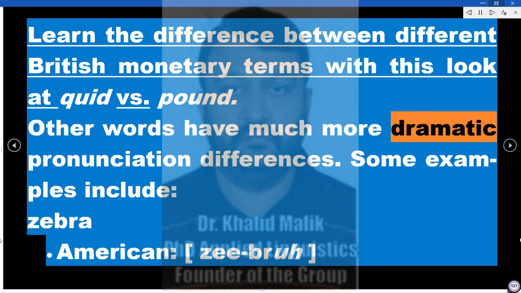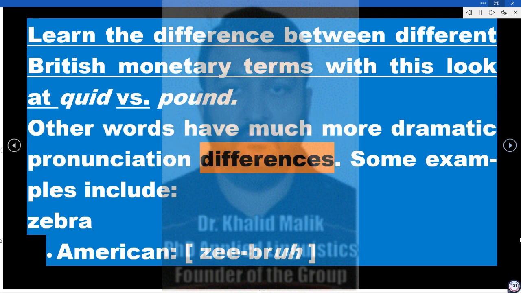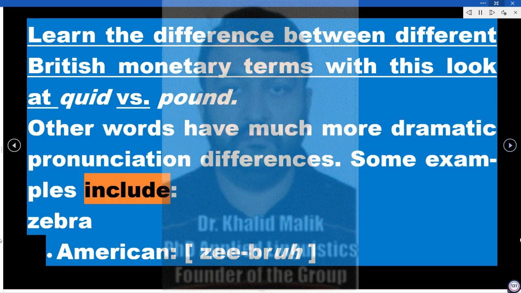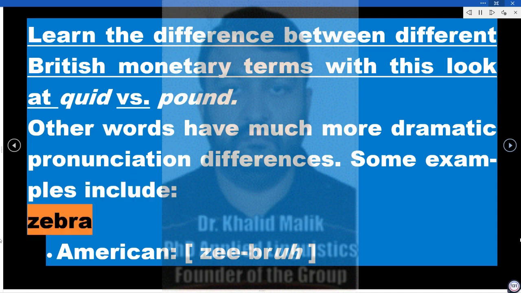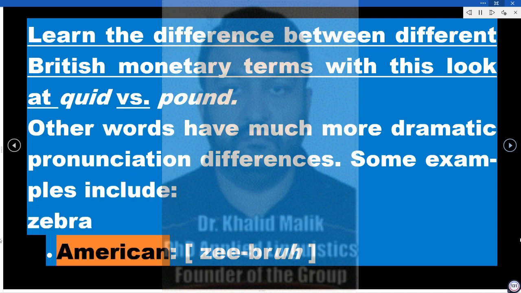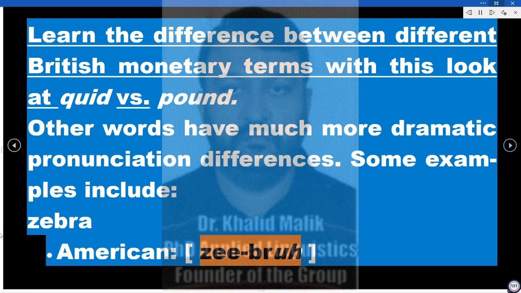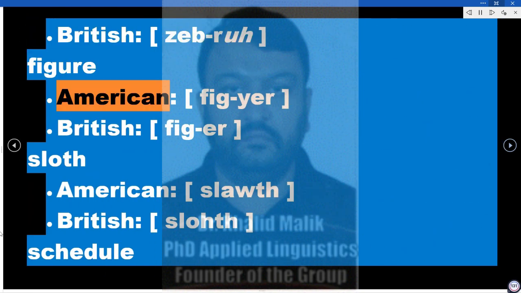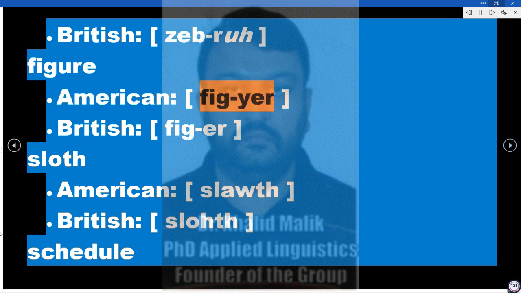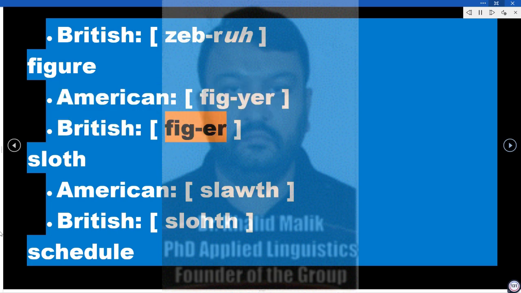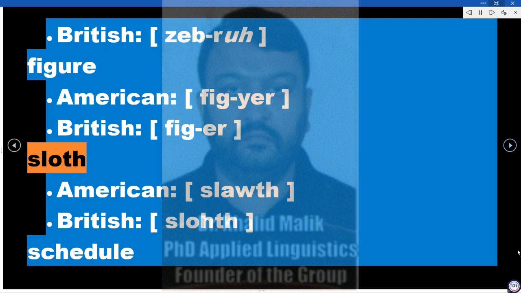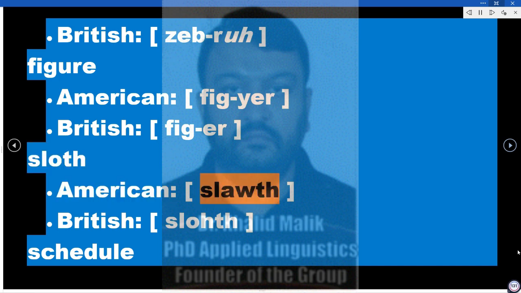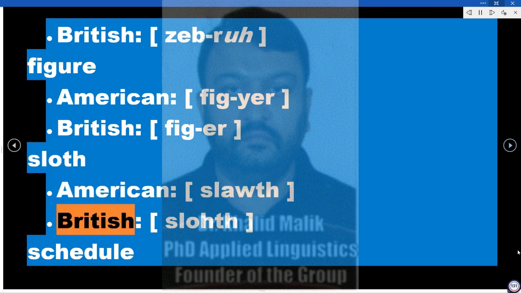Other words have much more dramatic pronunciation differences. Some examples include zebra, American, zebra, British. Figure, American, figure, British. Sloth, American, sloth, British.